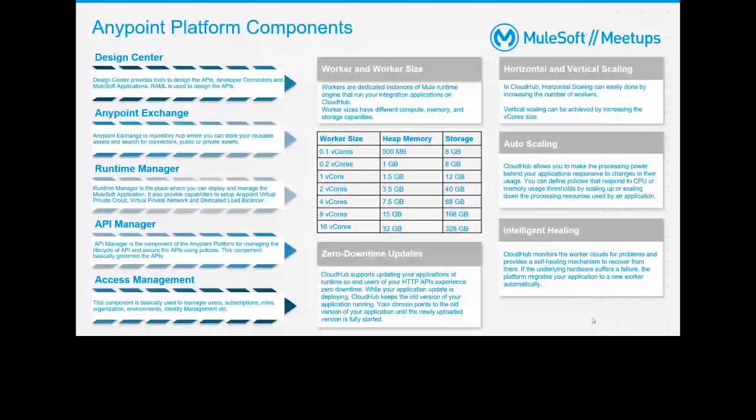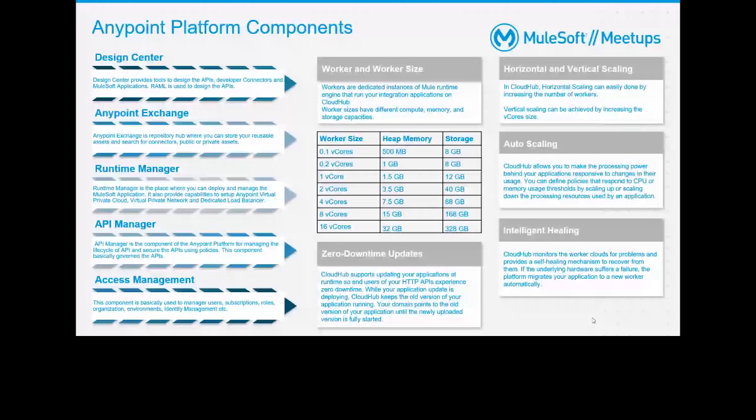Those things can be done automatically. Similarly, if your CPU is lower than 70% for 10 minutes, you can scale down. Either you scale up by increasing the number of workers, or you scale down by decreasing the number of workers. Those kinds of policies or rules can be defined as part of auto scaling.